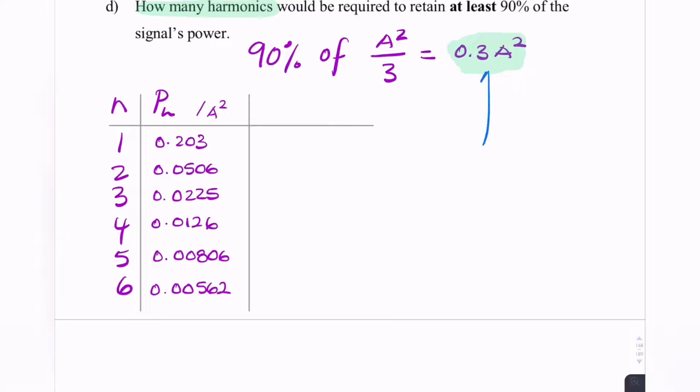So we want 0.3 a squared. So how many of these do we need to add together to retain 0.3? So if I put a cumulative power here, so k equals 1 to n, p of n, and I divide by a squared.